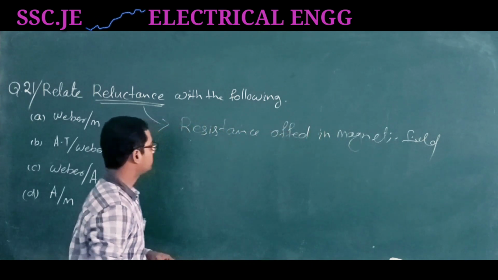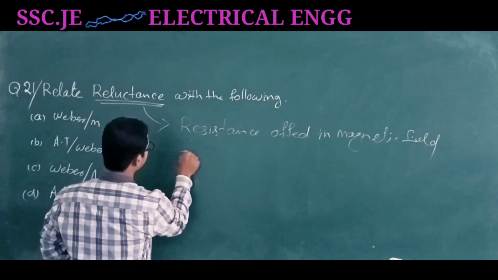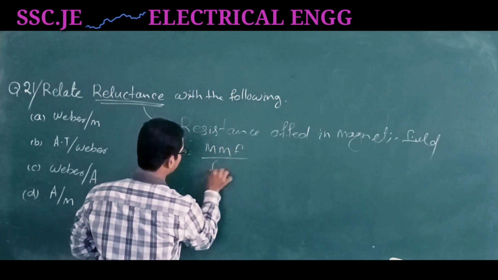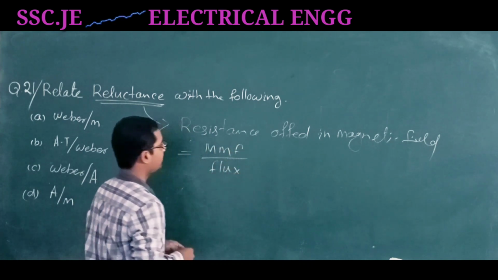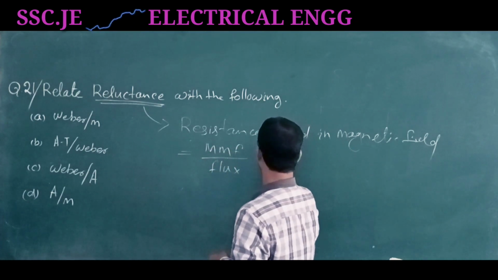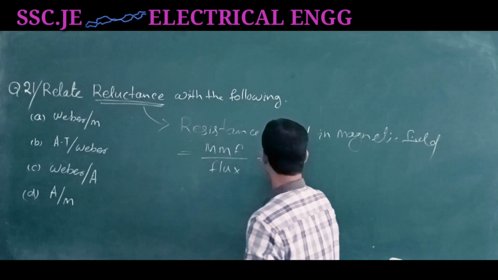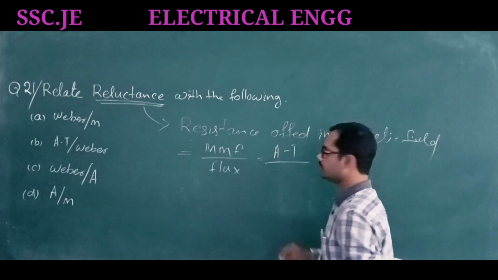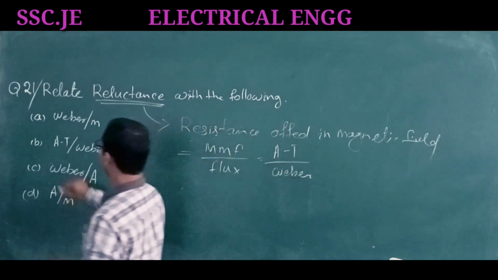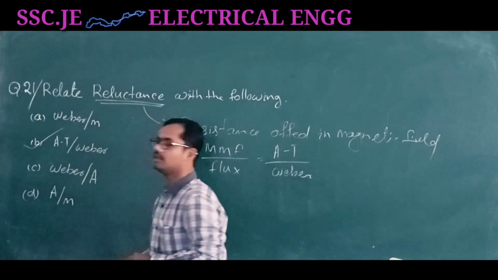So the reluctance will be your MMF by flux. MMF is the magnetomotive force. The unit of MMF is ampere turn and the flux unit is Weber. So the correct answer is ampere turn per Weber. Option B is the correct answer.